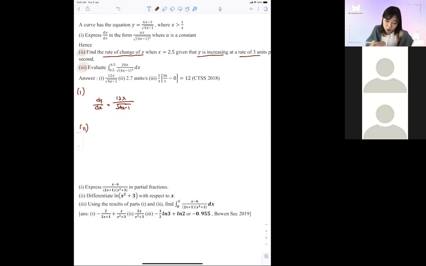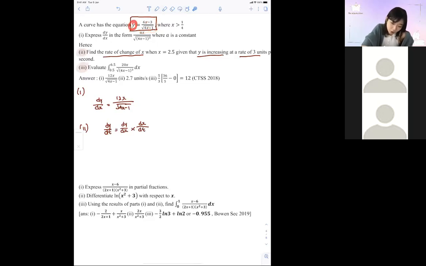So every time when you see rate of change, you look at the equation given to you. Based on this equation, you form the rate of change equation. So it's always rate of change of subject, dy over dt, equals the differentiate of this, which is dy over dx, times dx over dt, times the rate of change of the variable here.